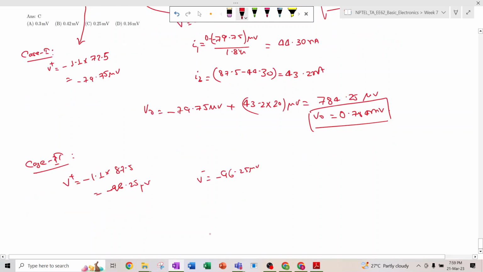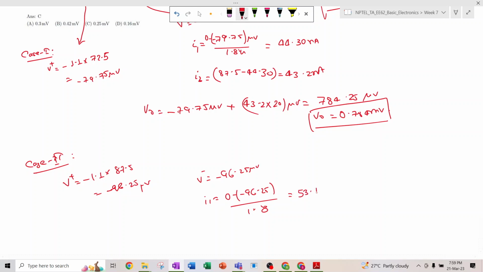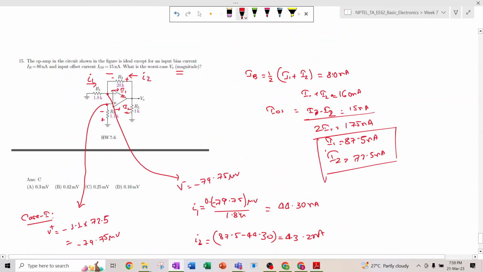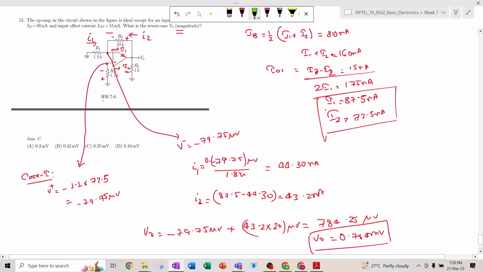So now I1 will be 0 minus of minus 96.25 microvolt divided by 1.8 K, the same resistance, which is 53.47 nanoampere. So now 53.47 nanoampere is flowing.